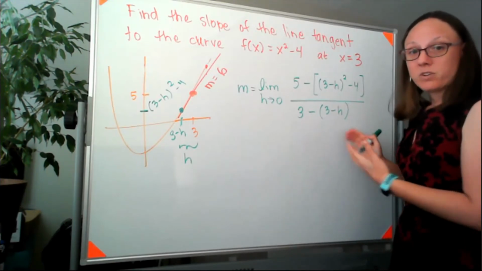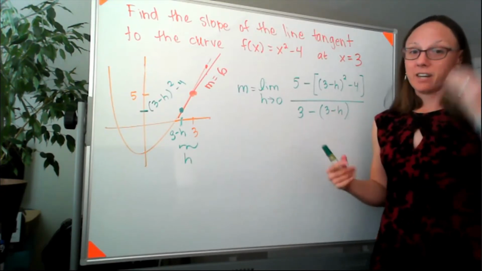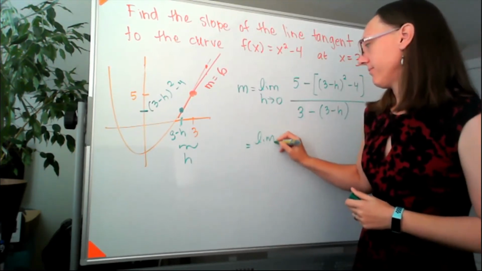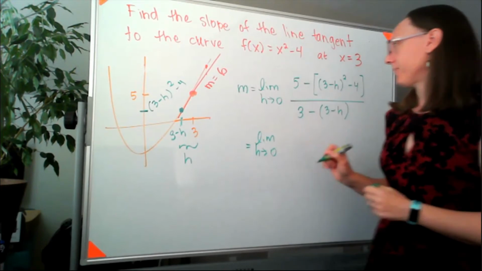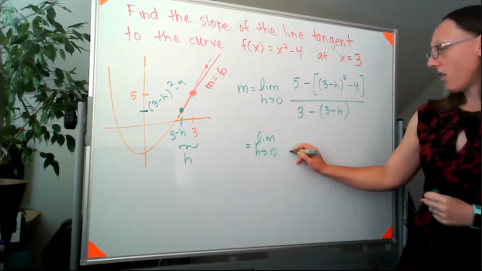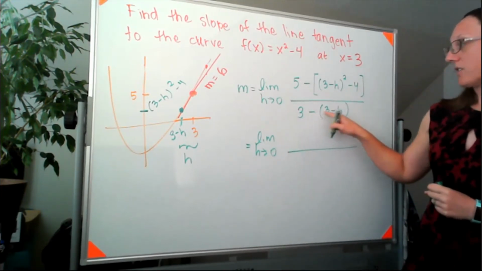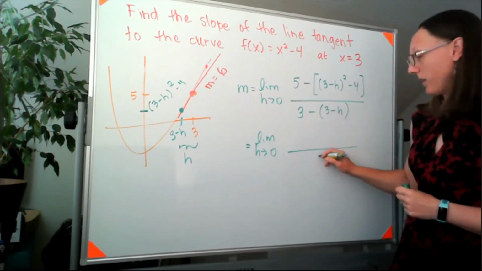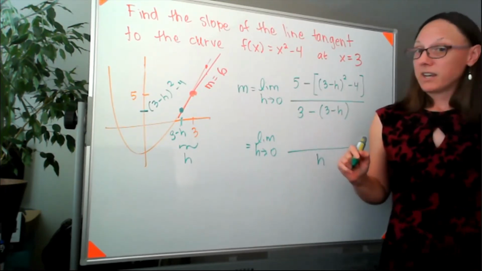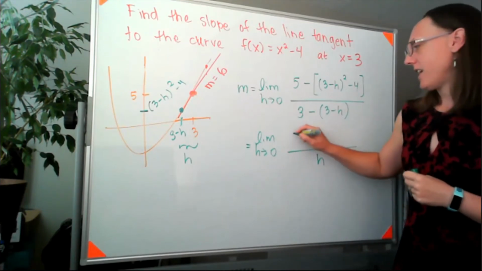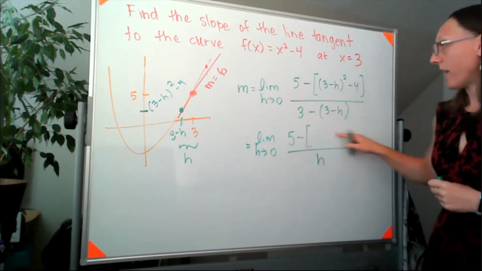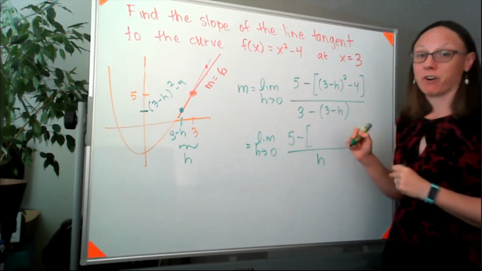Now if we go to take this limit, I'm going to clean up the algebra as much as I can. So in the denominator, when I distribute that minus sign through, the 3's will cancel and my h will become positive. In the numerator, I'm going to have 5 minus, and I'm going to go ahead and do the part in parentheses first.